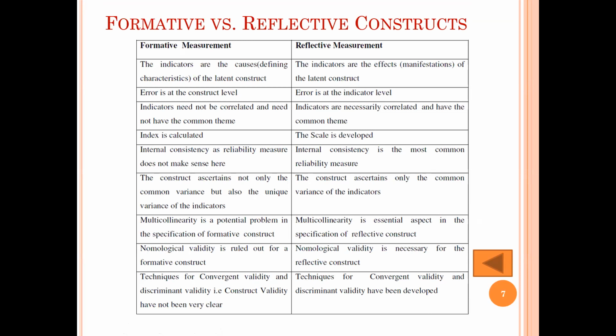But when you are building an index, let's say a social class index, and you use education, occupation, income as your items, you can use a formative measurement. That is an example of a formative measurement. But in SEM using AMOS, you cannot have formative. It is basically reflective.